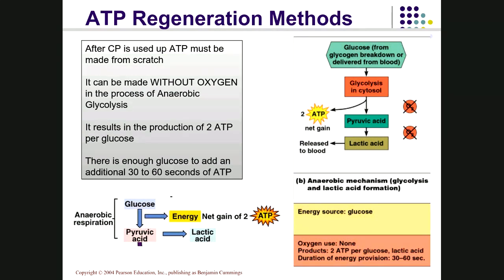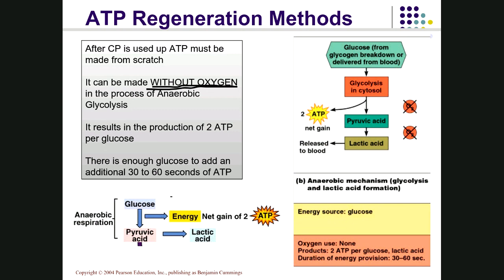It means without oxygen. In other words, I don't have to supply blood to my cells. I don't have to breathe any harder. I don't have to pump blood any harder because I don't need oxygen to do this. The only problem with it is, though, I don't get very much ATP.